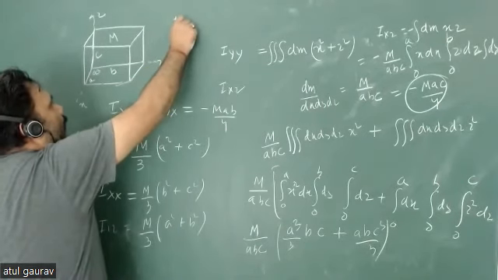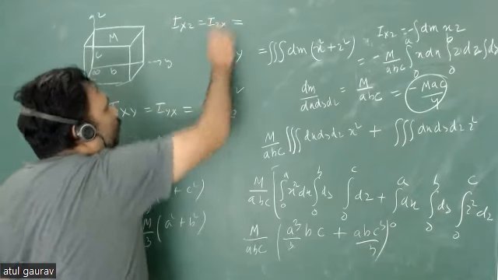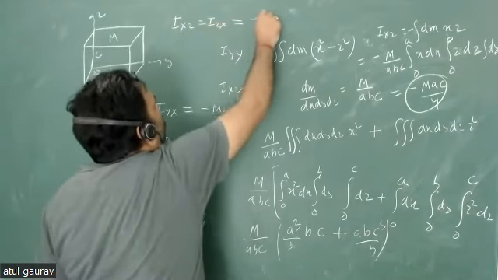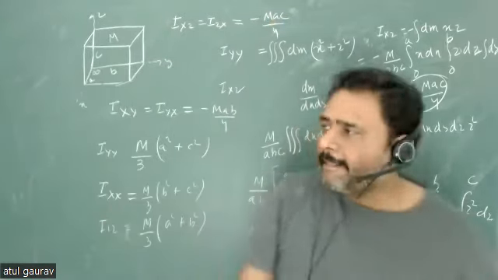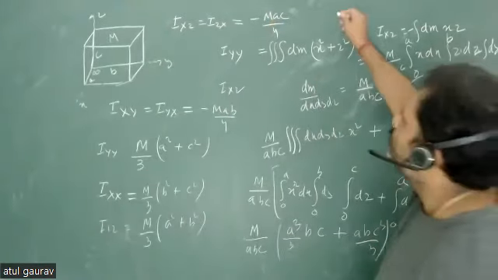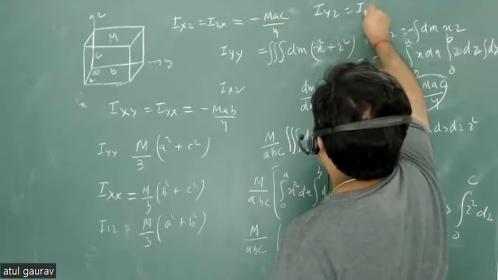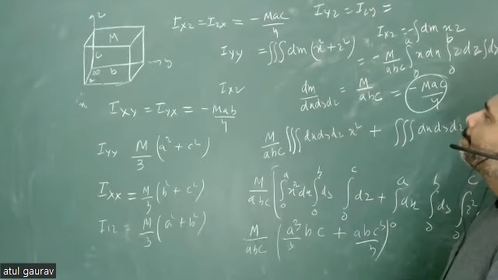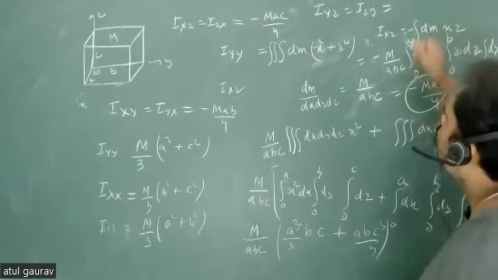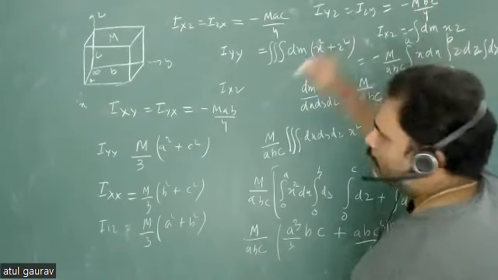Ixz is equal to Izx तो लिख ही दिया. क्या है ये? Minus M ac by 4. ठीक है? Last but not the least, Iyz is equal to Izy. What will be the answer? Minus M bc by 4. ठीक है?